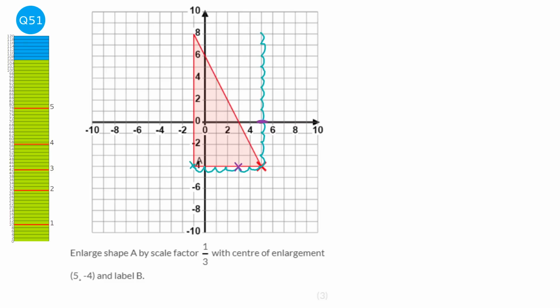And we go 1, 2, 3, 4, 5, 6 to the left, and again, instead of 6 to the left, it's going to be 1/3 of that, which would be 2. So our new point will be here. And if we draw in the new shape, let's make sure we do it as neatly as possible. Then it will be this bit here. It says to label it B, so we'll put a B on it.